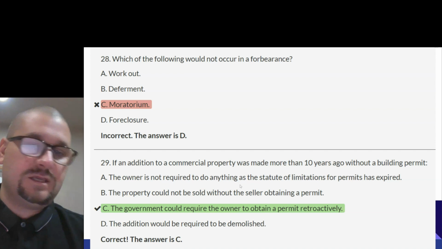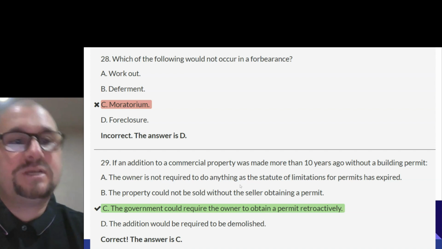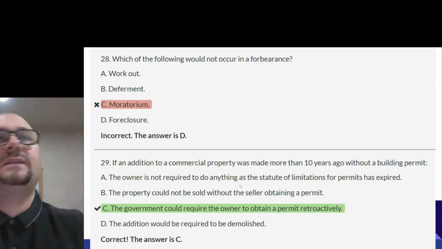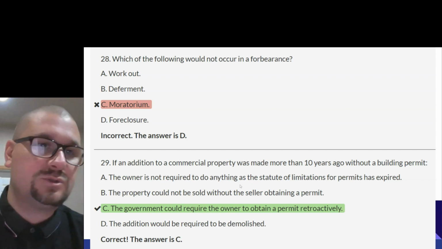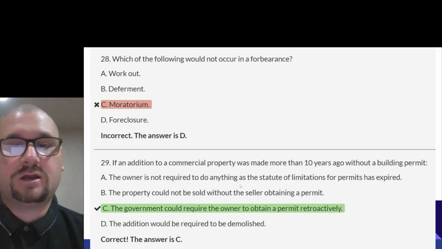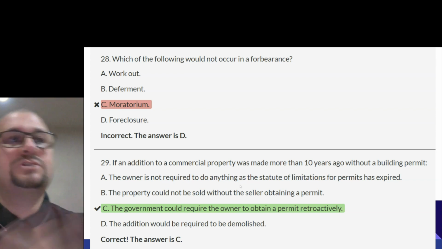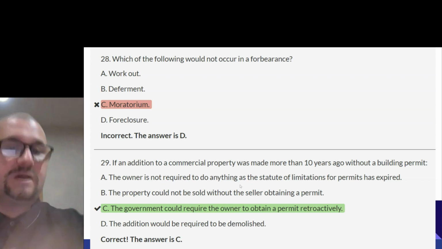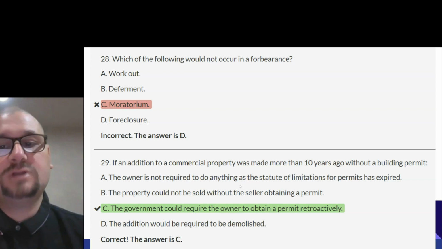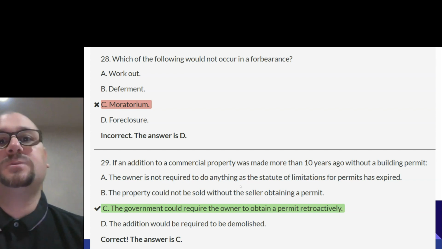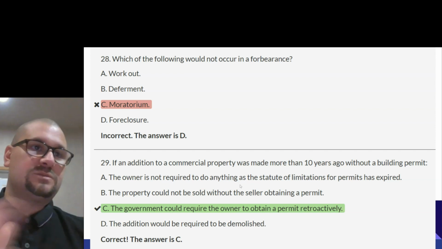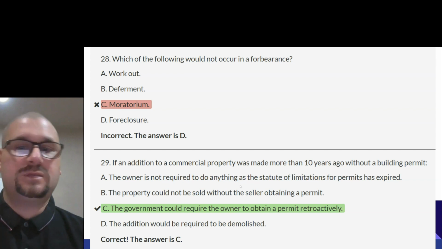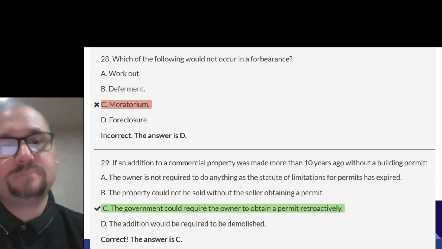If an addition to a commercial property was made more than 10 years ago and they didn't have a building permit, they can go to a judge, and the judge can order a permit to be retroactively done. So the government could require the owner to obtain a permit retroactively to make sure that addition, like a room addition or more rooms, is up to code.